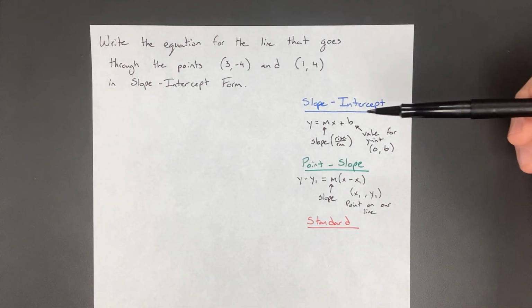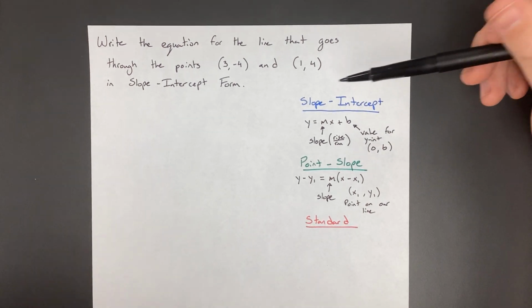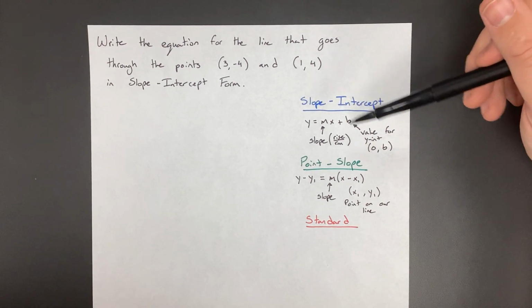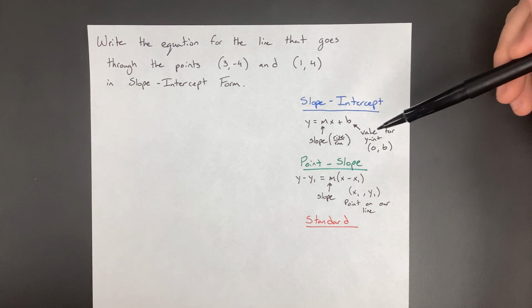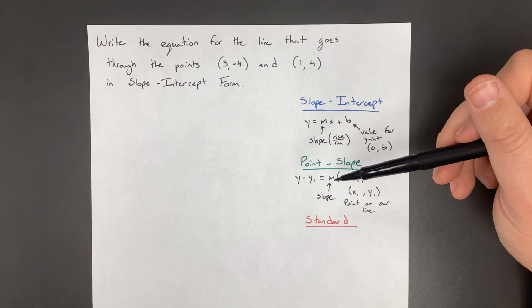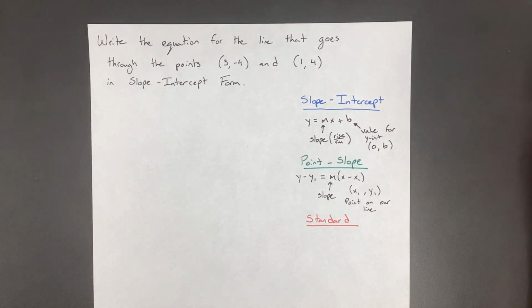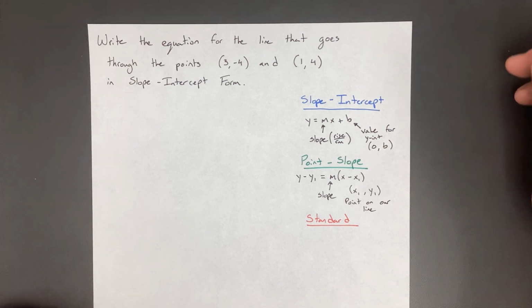So both of these deal with slope and both of them deal with a point on the line. When we talk about slope-intercept, the point that's on that line is specifically our y-intercept. When we look at point-slope, we still have our slope, but the point can be any point on the line that we can plug in to make our equation.